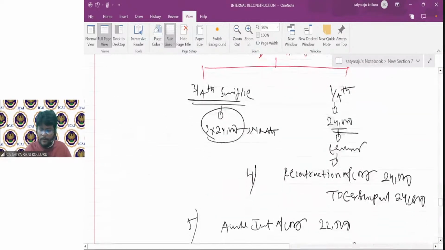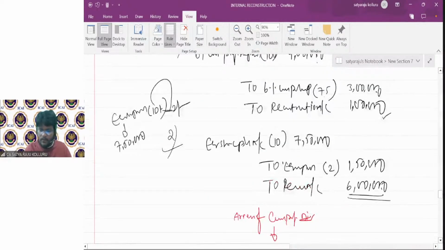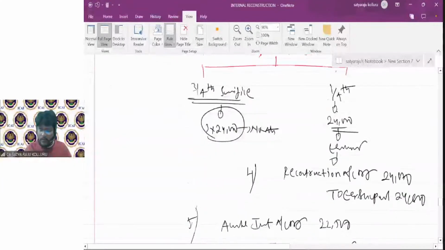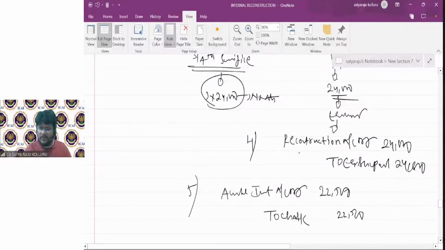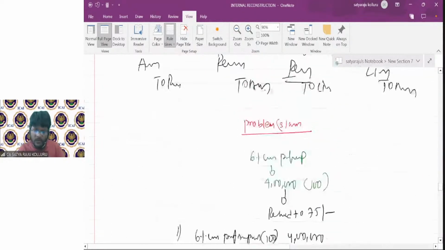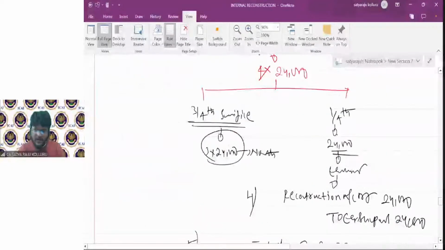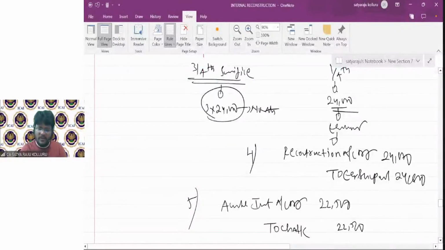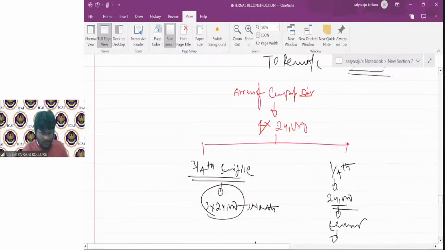Third entry, second over. Where is the third entry then? The numbering is wrong, I think. This is the third entry. Just leave it. Reconstruction to equity share capital, minus 24,000.